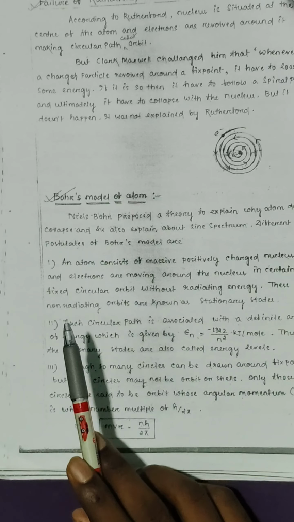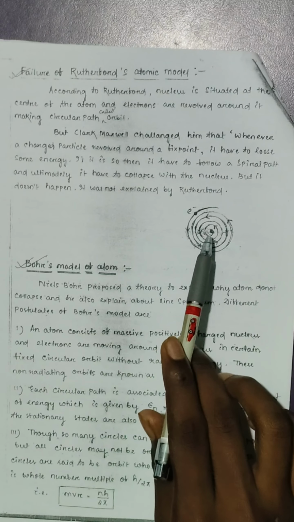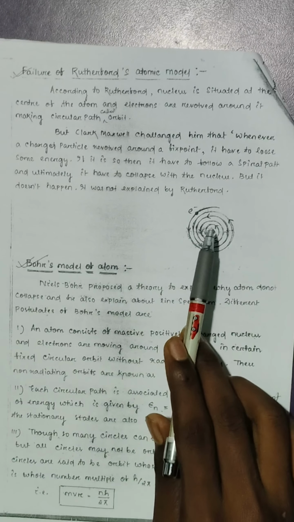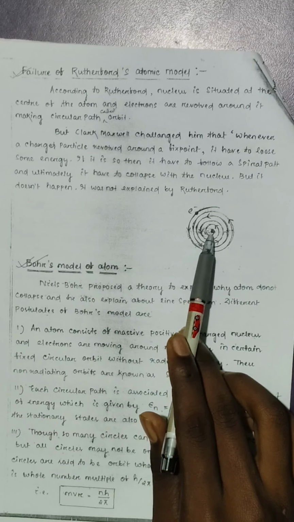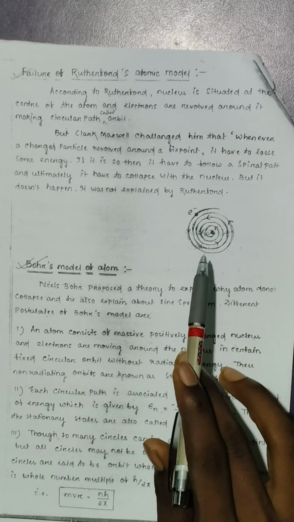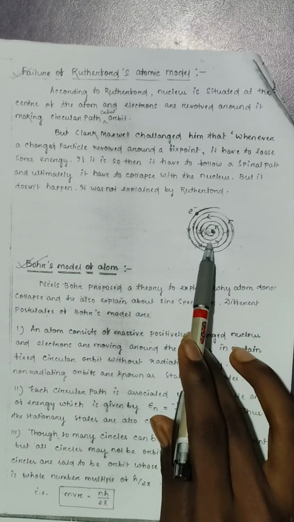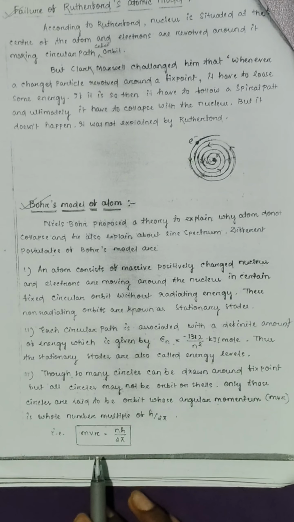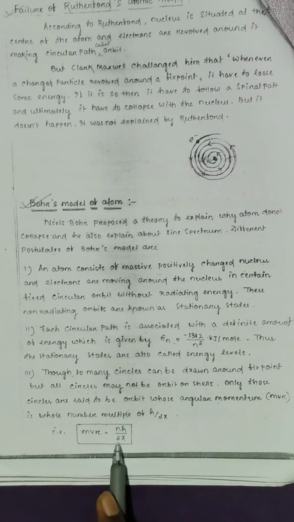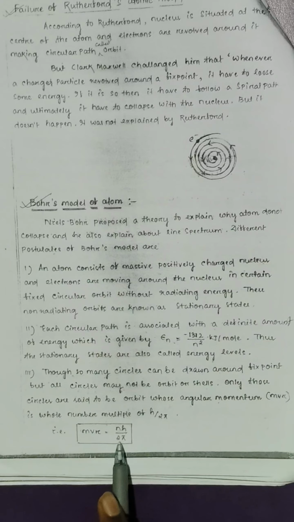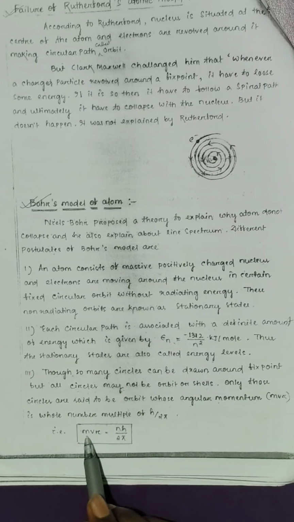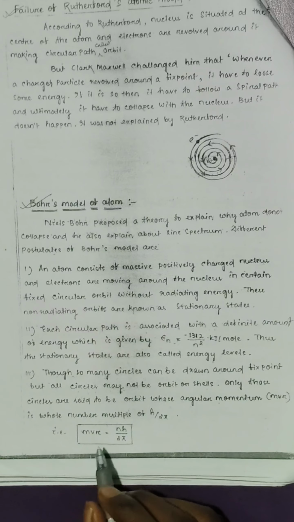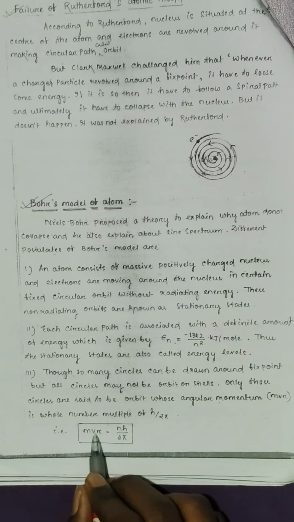He means to say that there are many circular paths around the nucleus, infinite in number, but only those are said to be orbits or shells which fulfill this requirement, mvr equals nh by 2 pi. m refers to mass, v refers to velocity, and r refers to radius.